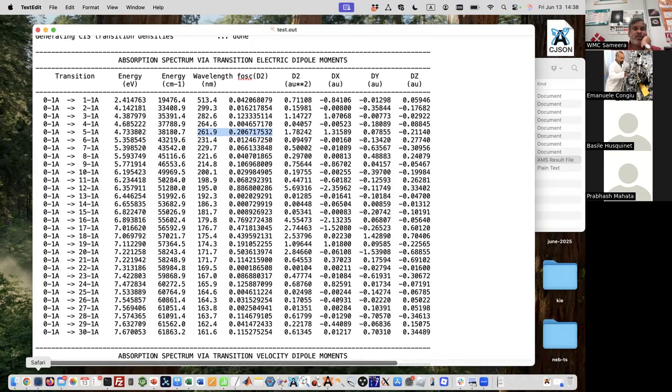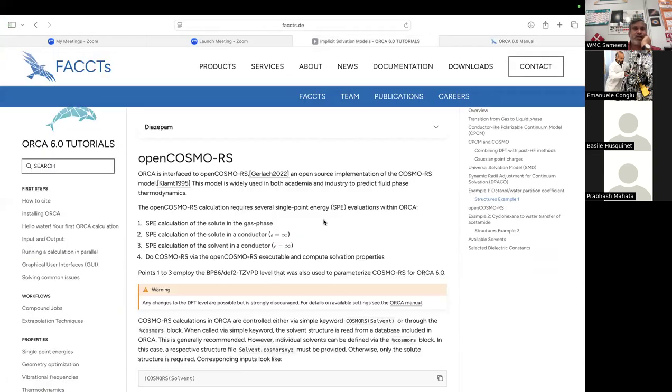Let's look at the experimental data. Do we have experimental data? Let's check.